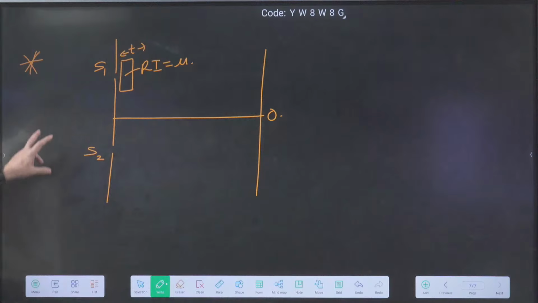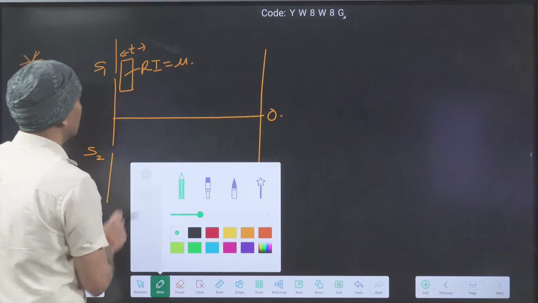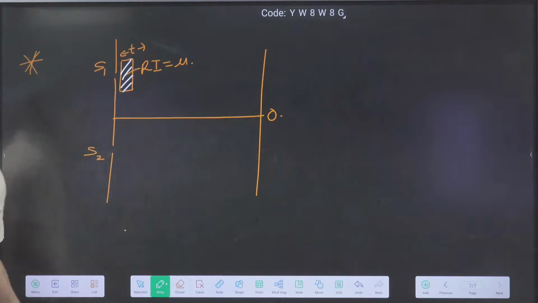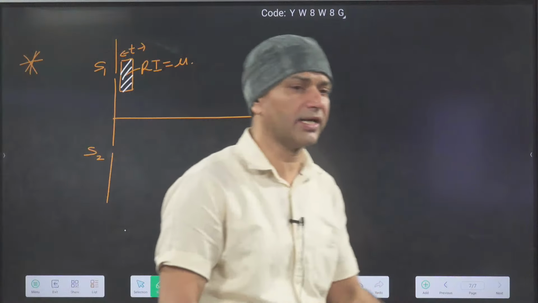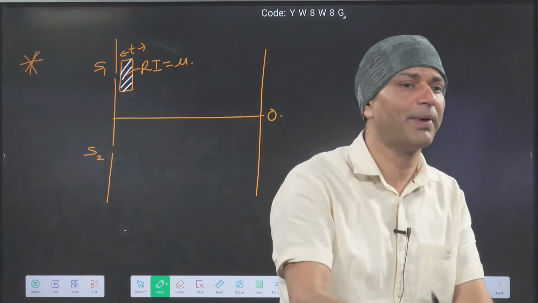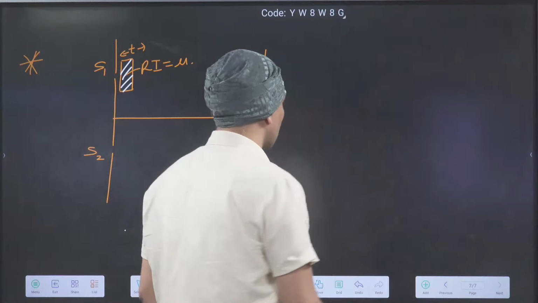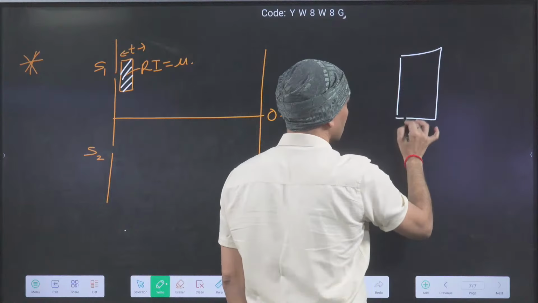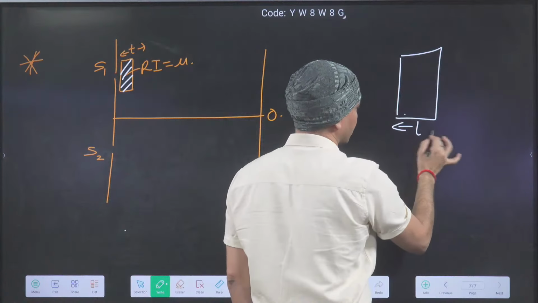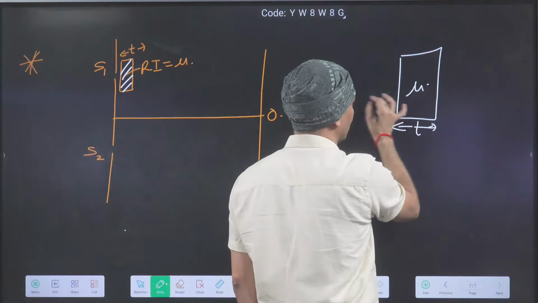Suppose here we are putting the slab in front of one of the slits. Then what will happen? This slab will introduce the extra path length, or it will introduce the path difference. Why? In ray optics we have learned, suppose you have any medium, any slab of thickness T and refractive index mu.